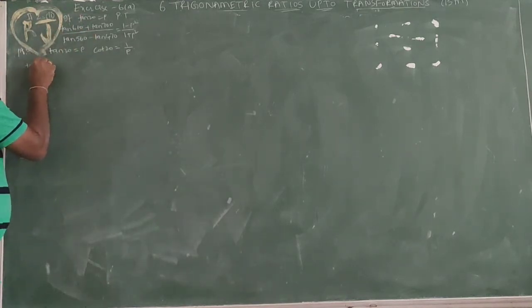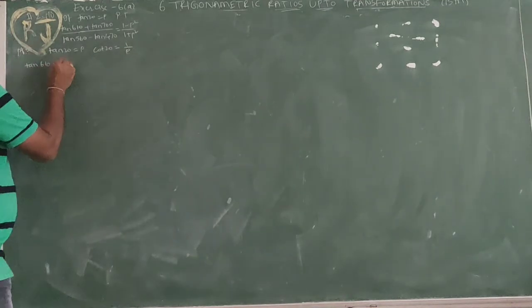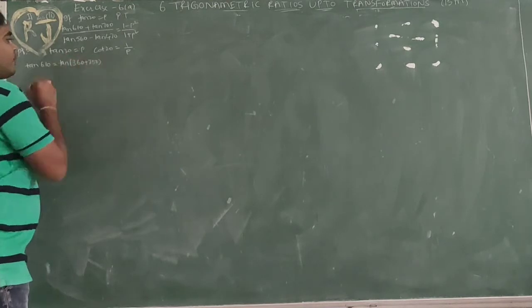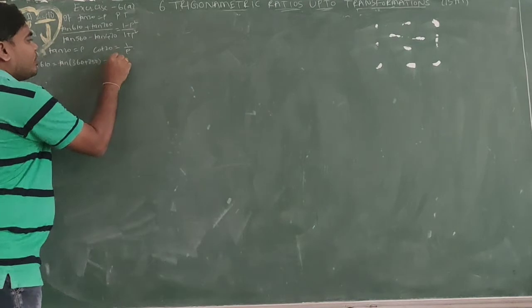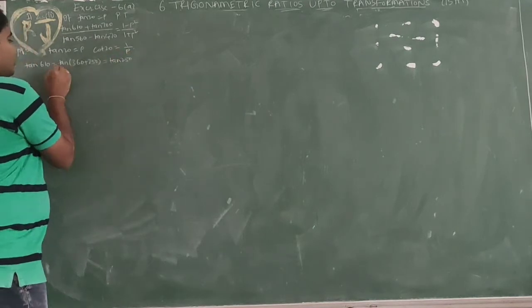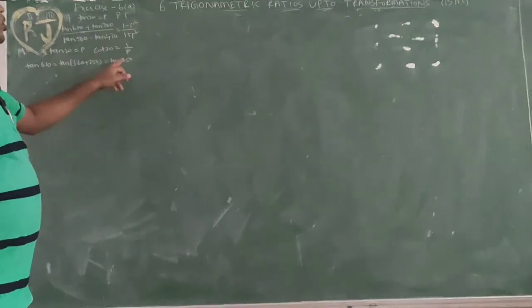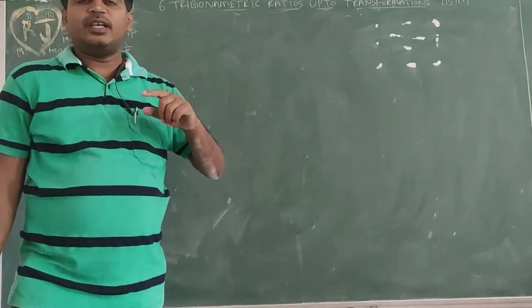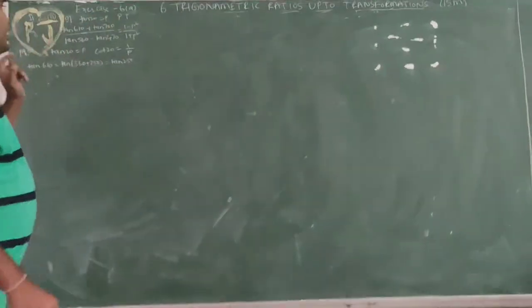Tan 16 equals tan of 360 plus 250. 360 equals 0, so tan 250. We need to write it in the angle 20. So 250 we can write as 180 plus 70, or 270 minus 20. But I am writing only 270 minus 20 because we need 20.